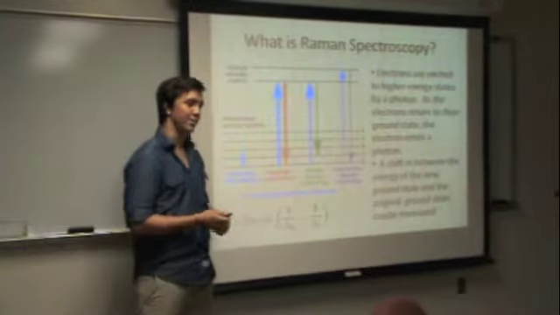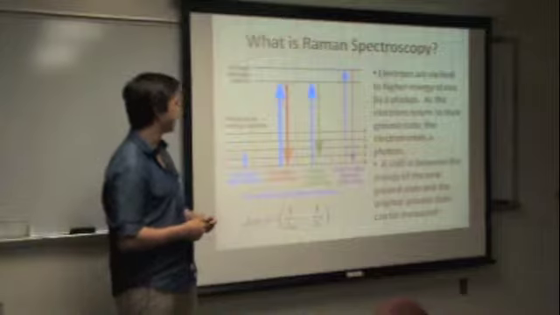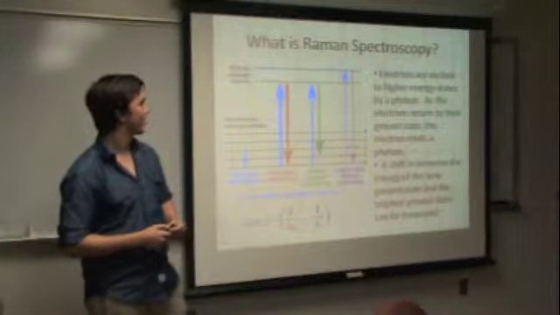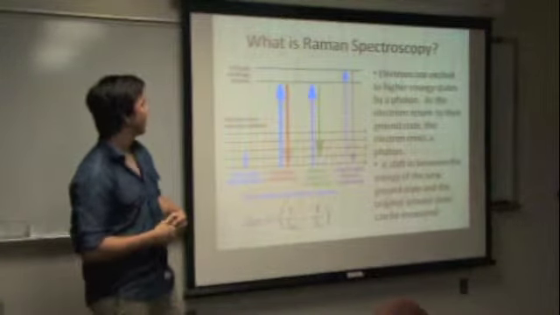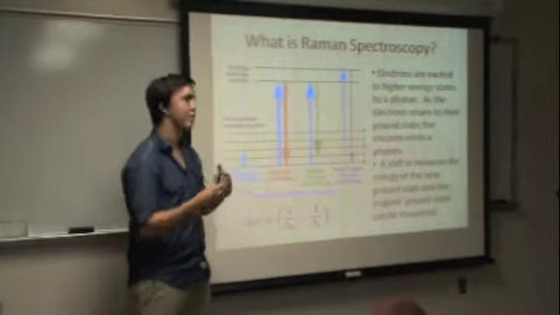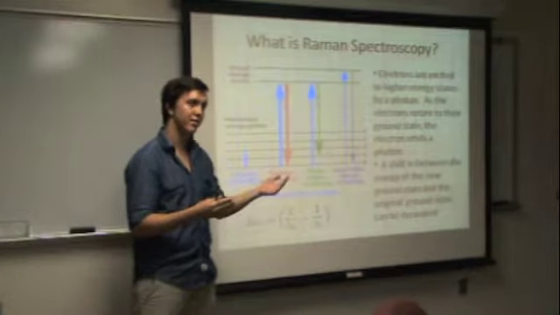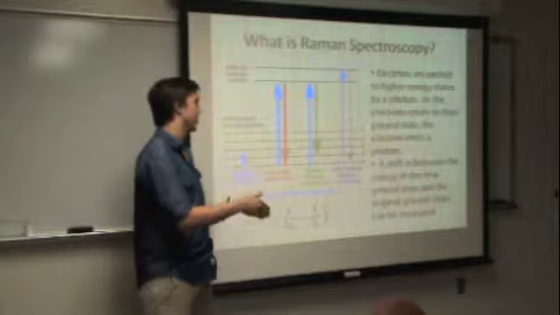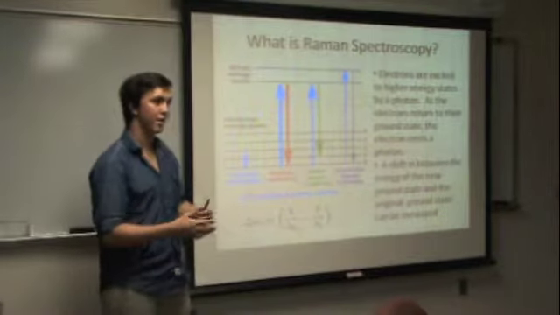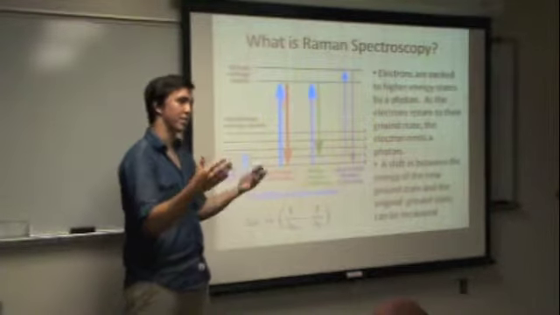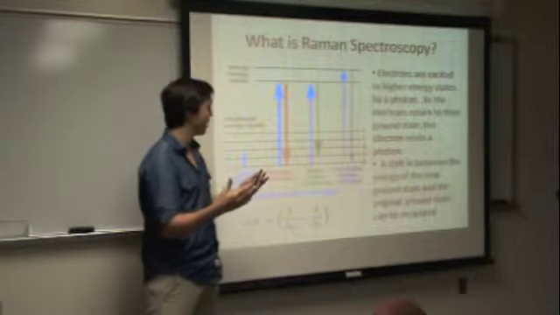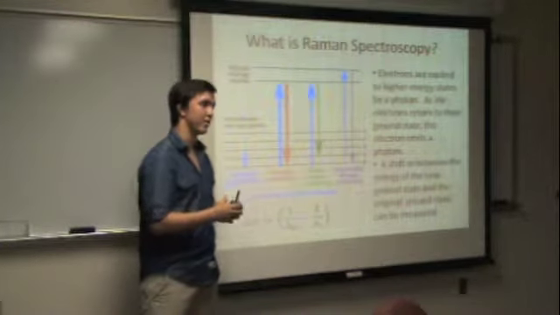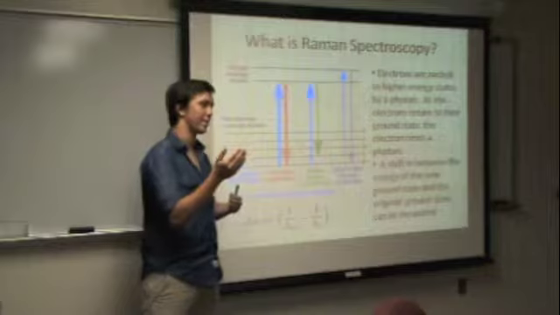So what is Raman spectroscopy? You guys heard about this on the first day we were here at the REU. Electrons have different energy levels, and when a laser is shone at an electron cloud, if it absorbs enough energy, it boosts the electron to its next energy level. A certain amount of energy is needed for the electron to be boosted to that level.